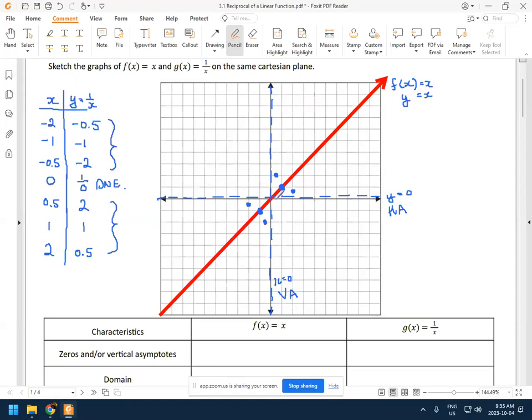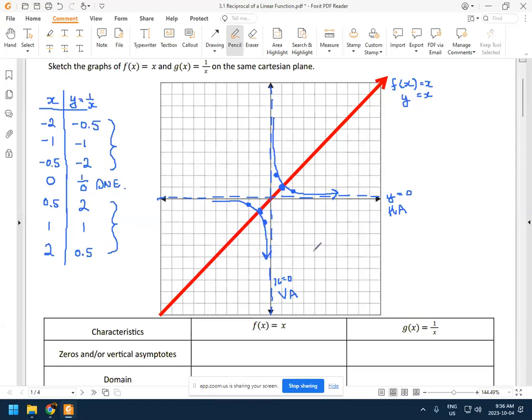On the opposite side, there is also a nice curved triplet of pairs. And if I were to connect it and I continue this pattern as I get closer and closer to the asymptote, I don't touch it, but I get really close. It looks something like this.